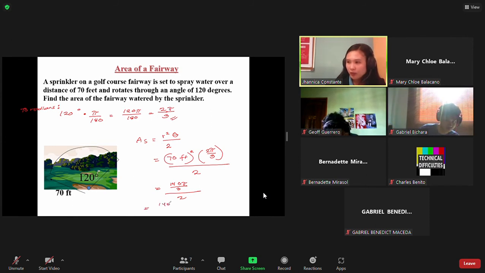140 pi over 3 radian. If you're going to divide a fraction by a whole number, we use the butterfly method.